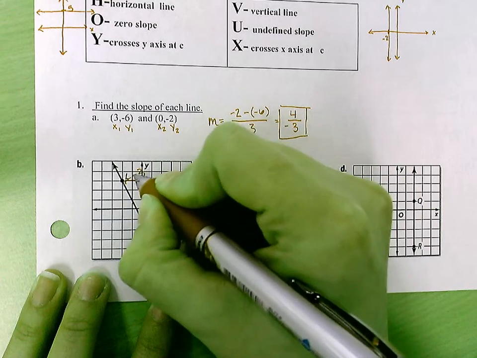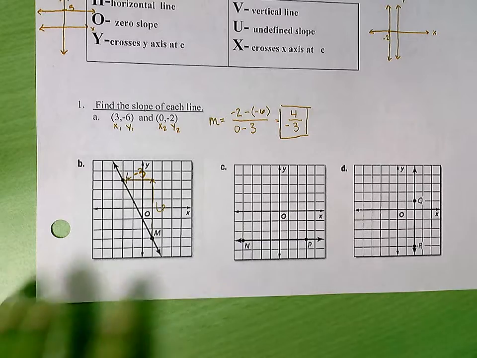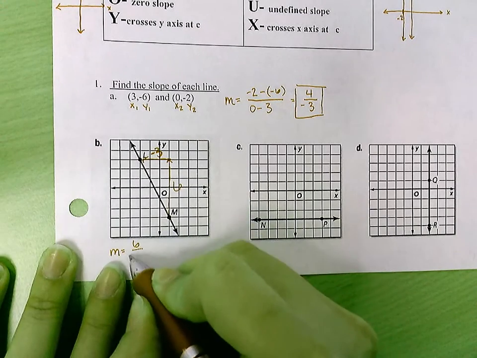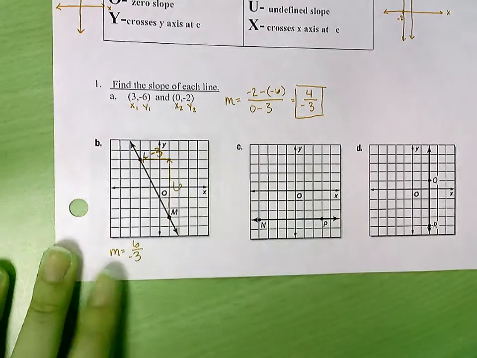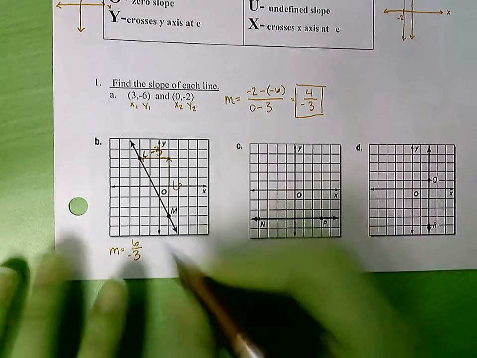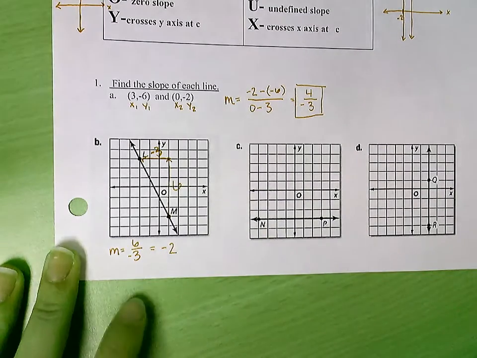Since I'm going left, that'll be negative. So my rise was 6 and my run was negative 3, and I can simplify that to negative 2.